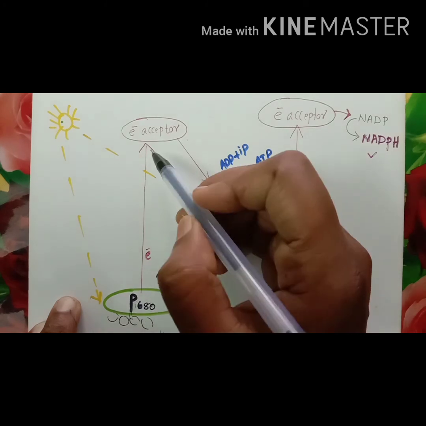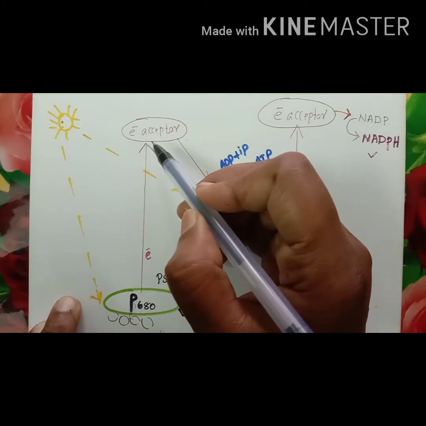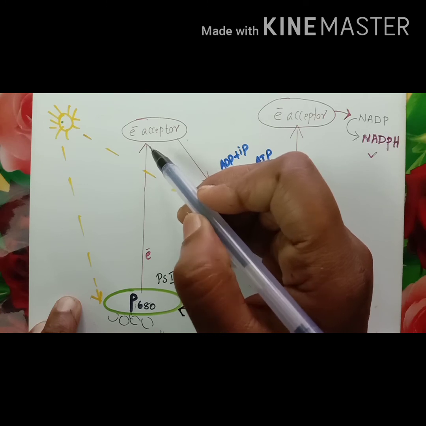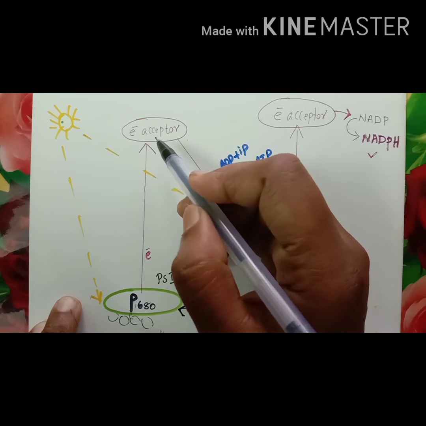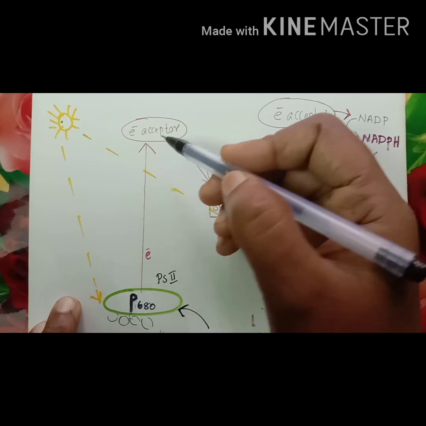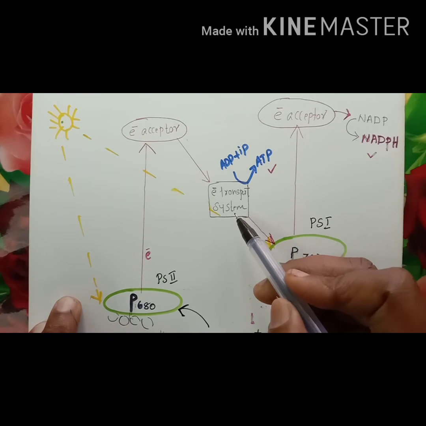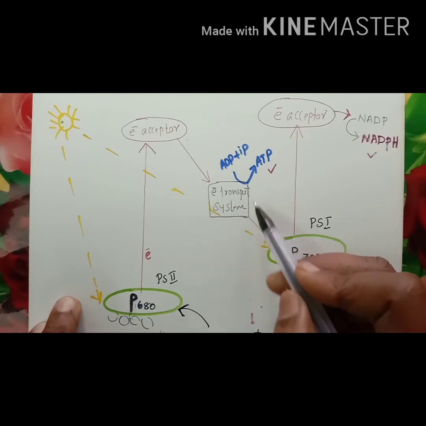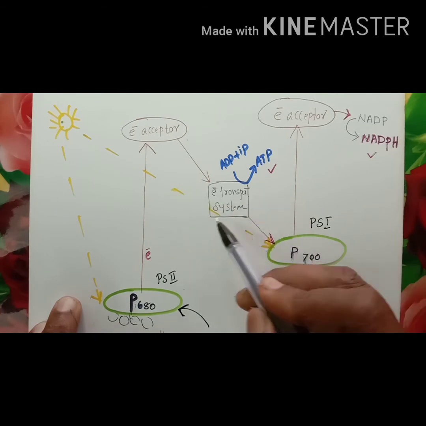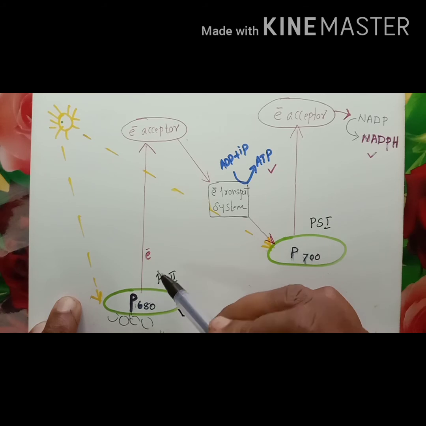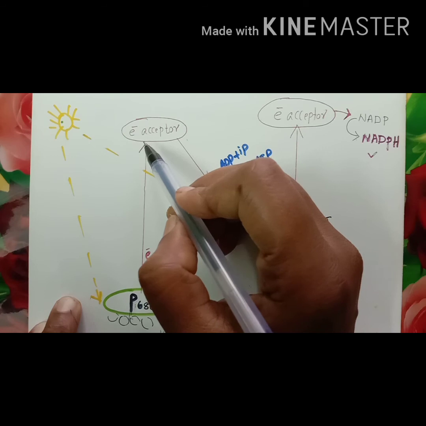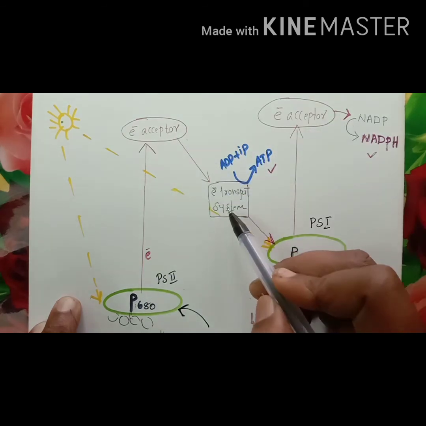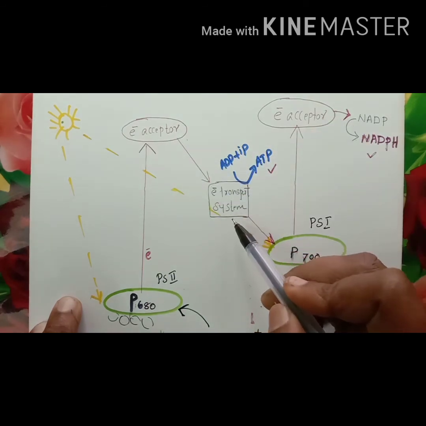This electron is accepted by an electron acceptor. From this electron acceptor, the electron will move down and enter into an electron transport system. So from the reaction center, the electron jumps upward, is accepted by an electron acceptor, and again moves downward into the electron transport system.